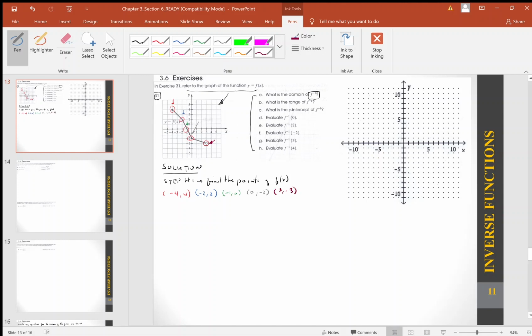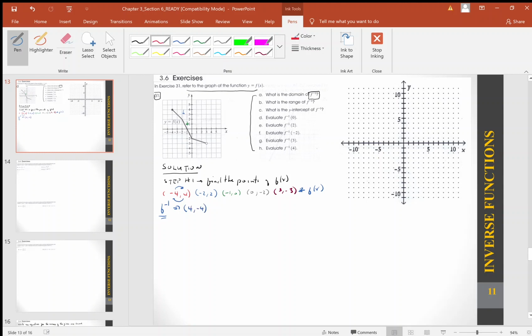And as I said before, all we're going to do is exchange or swap our x and y components. So for the inverse function, this is right here, f of x points. For the inverse function, we're just going to swap the locations. So this is going to be 4, -4.